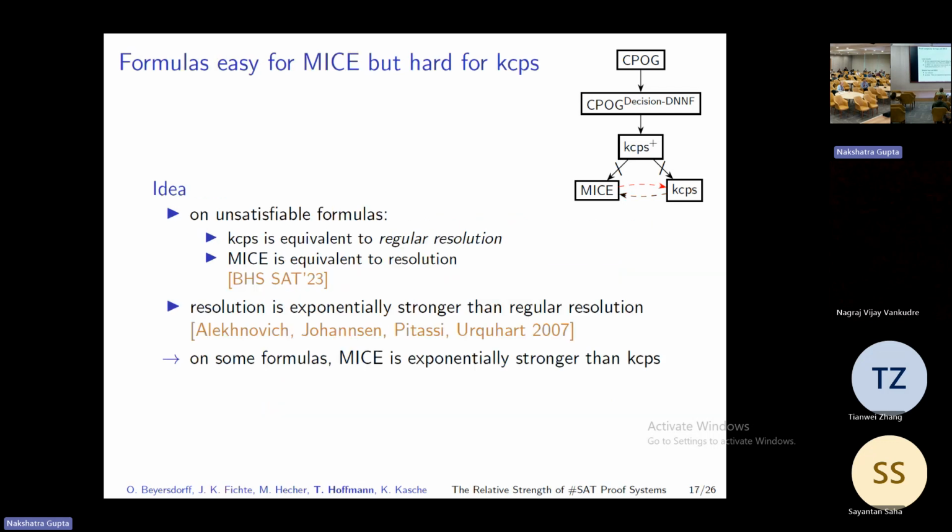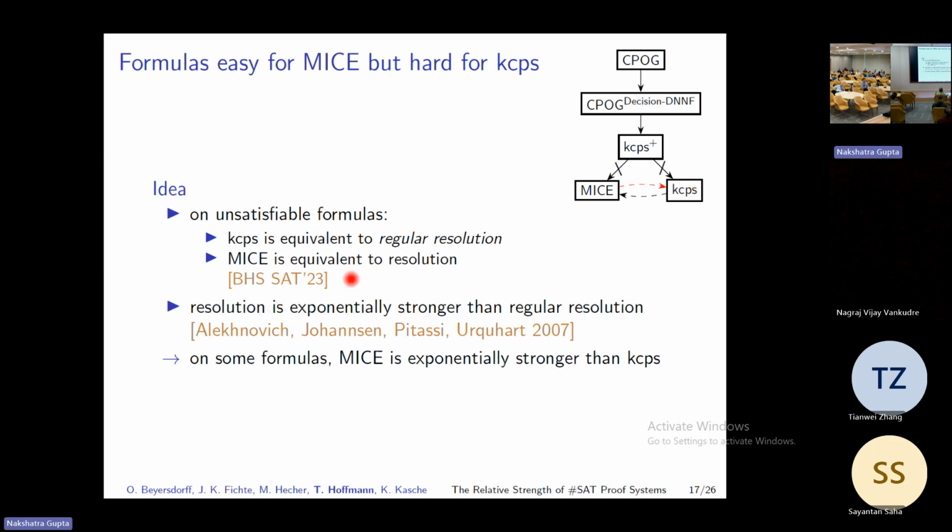I want to sketch the first direction. This is actually the easy one, because we want to show that there are formulas that are easy for MICE but hard for KCPS. For that, it is sufficient to look only at unsatisfiable formulas, because it's not too difficult to show that KCPS is equivalent to regular resolution, which is a restricted version of resolution where we are only allowed to apply resolution over a variable once in one path.